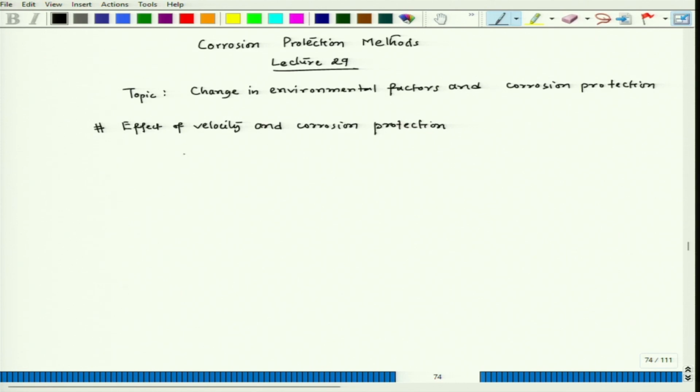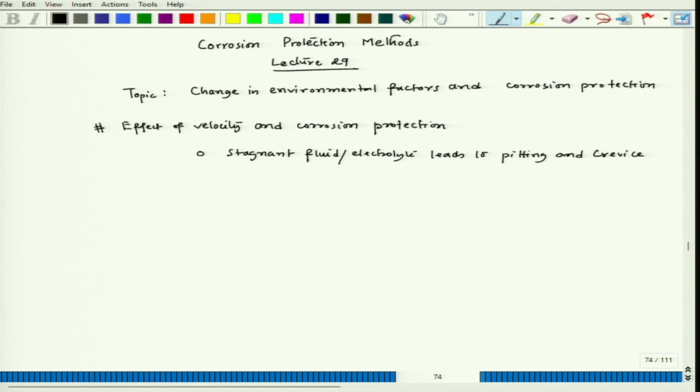Now, a couple of observations we have already understood: stagnancy or stagnant fluid or electrolyte leads to pitting and crevice corrosion.